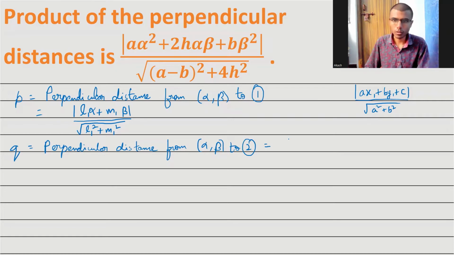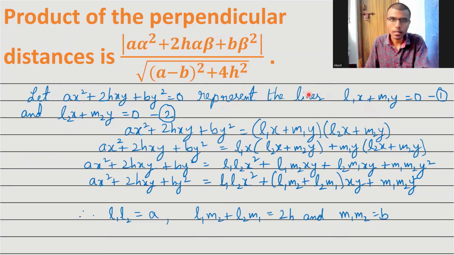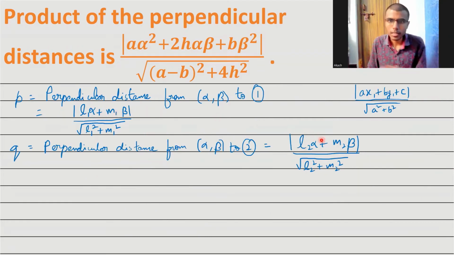This is nothing but equal to mod L2 alpha plus M2 beta divided by under root of L2 square plus M2 square. Okay. Basically, this is my second line, L2x plus M2y. So in that, I just put alpha beta and divided it by root of L2 square plus M2 square. That's how I got this Q.